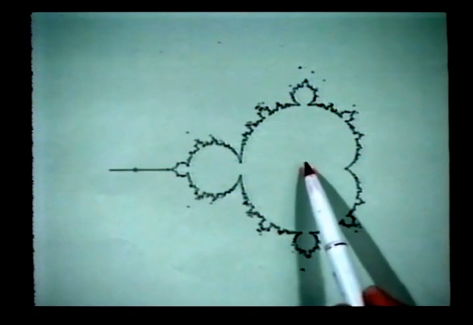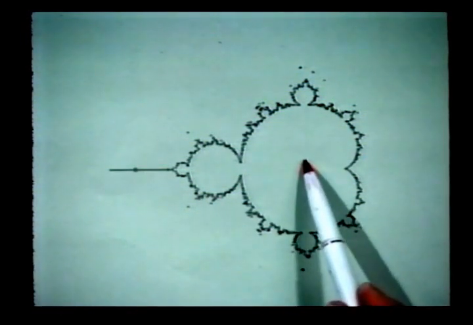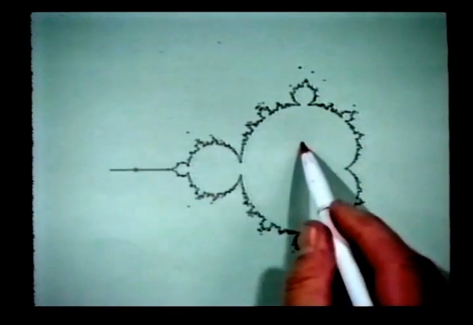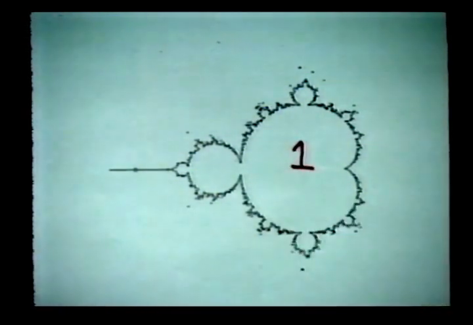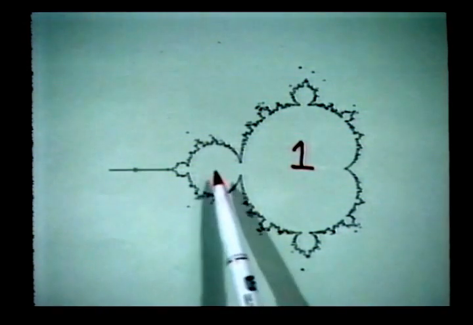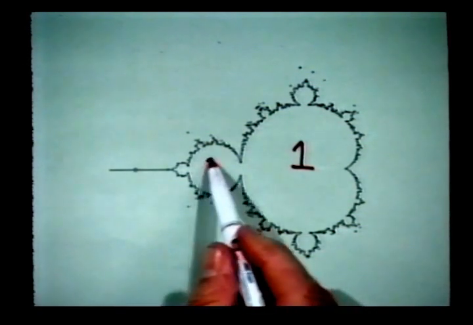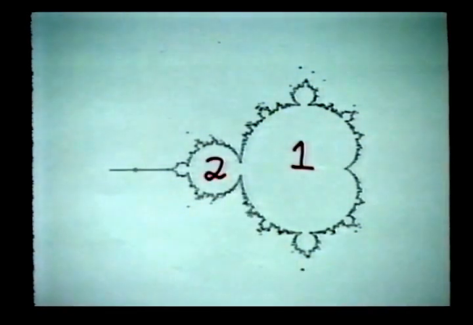If we take any c value inside the main cardioid, the main body of the Mandelbrot set, then the corresponding orbits of 0 must be attracted to an attracting fixed point, or a cycle of period 1. If we take any c value in this secondary circular region, then the corresponding orbits of 0 must be attracted to cycles of period 2.